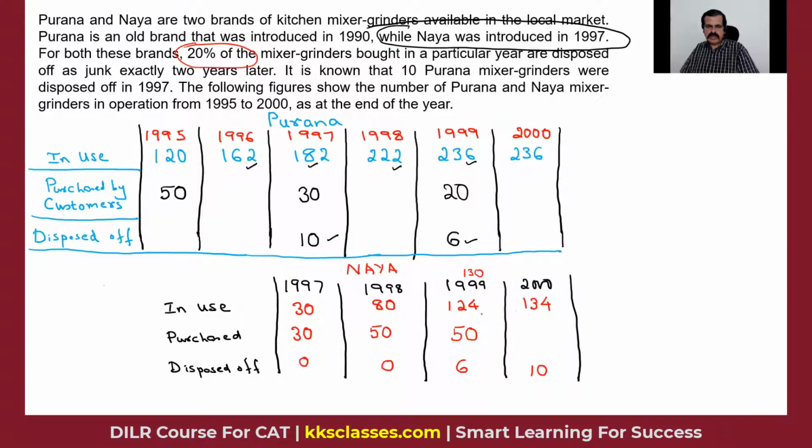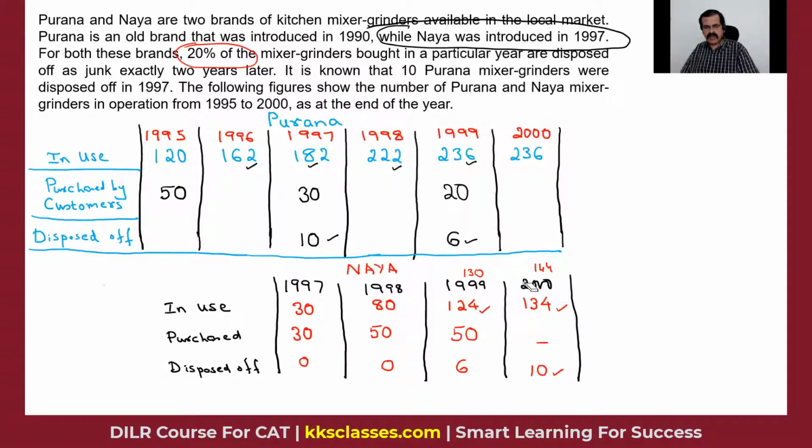Now, using three figures, 1, 2, and 3, I should be able to get this number. Same logic, repetitive. We had 124, that is jumping to 134, but that 134 is after 10 were disposed of in the same year. 10 were disposed of. So at some point of time in 2000, this 10 was in use, so which means that 144 items were in use.